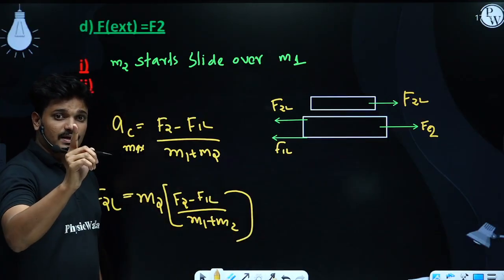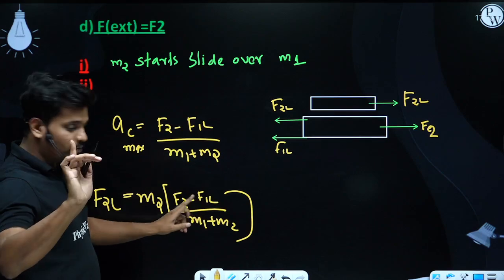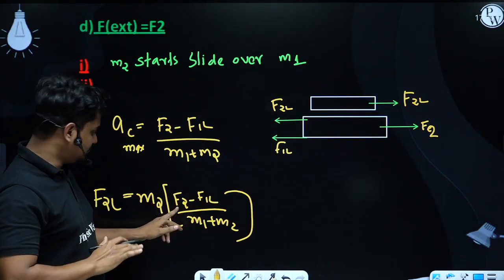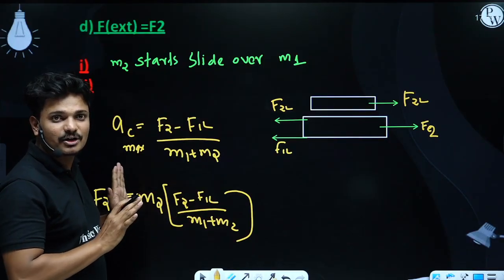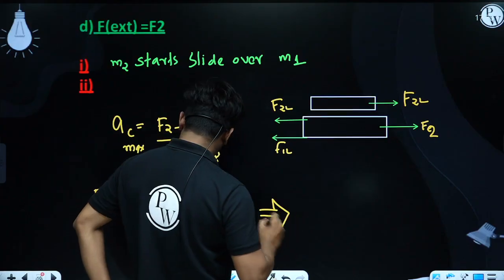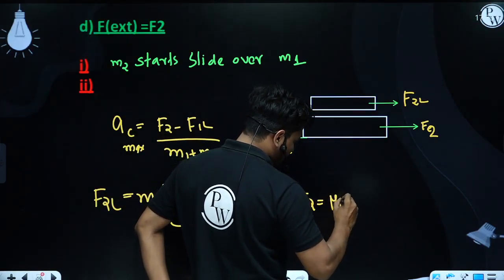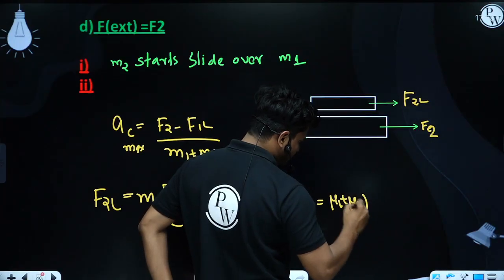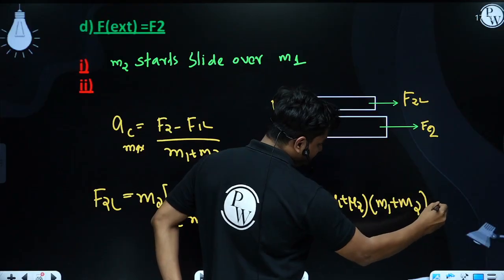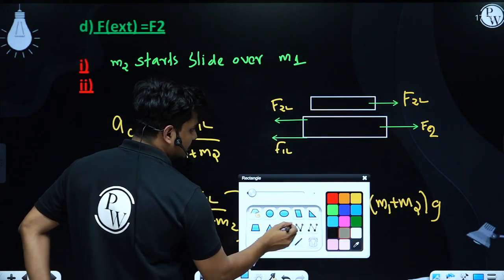Here F2L is known, F1L is also known, only F2 is unknown. After simplification, you will get F2 is equal to mu1 plus mu2 into M1 plus M2 into G. This is also very important.